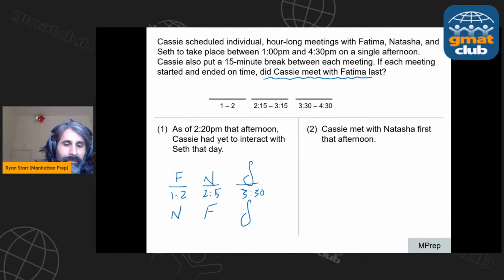And whether it's this scenario, the answer to the question is going to be no. Or this scenario, again, the answer is going to be no. In neither case did Cassie meet with Fatima last, because whether Fatima's first or second, she is not last. That right there is a consistent answer.